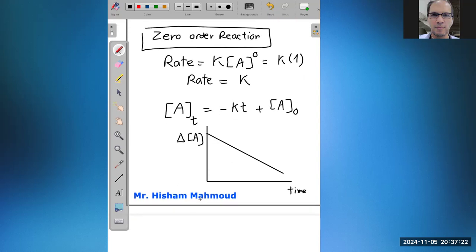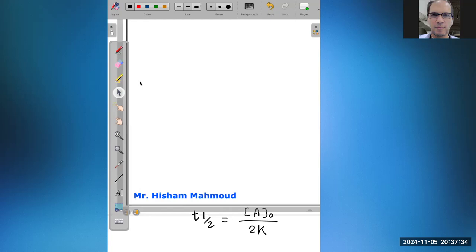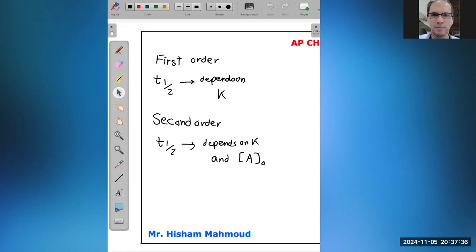The T half in zero order is equal to the initial concentration divided by 2K. Last time we said that in first order T half does not depend on the initial concentration, only on K. Then we said in the second order it depends on K and the initial concentration.